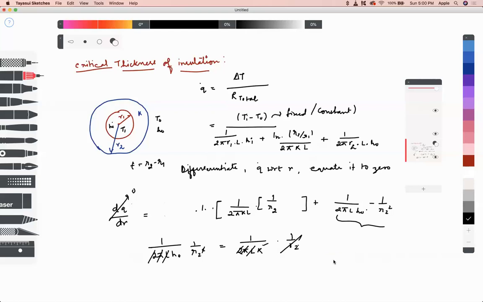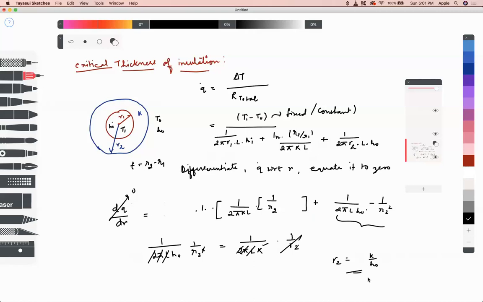R2 will cancel, and R2 will be equal to k by h naught. So if R2 is equal to k by h naught or less than k by h naught, then providing insulation will actually increase the heat transfer. Beyond k by h naught value, providing insulation will essentially reduce the heat transfer.